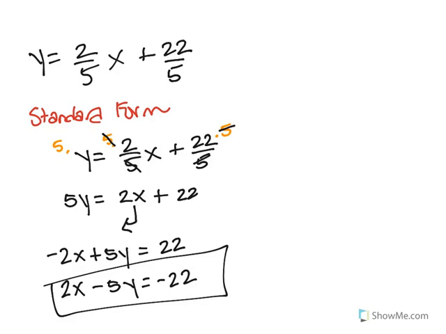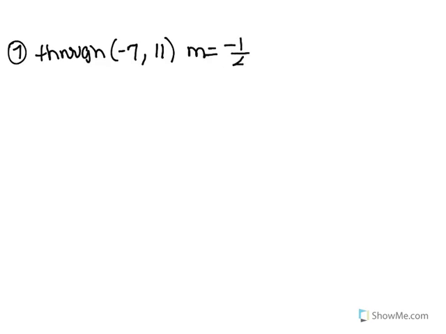Okay. Number 7. Let's write the equation of a line that's going to go through the point negative 7, positive 11, and has a slope of negative 1/4.